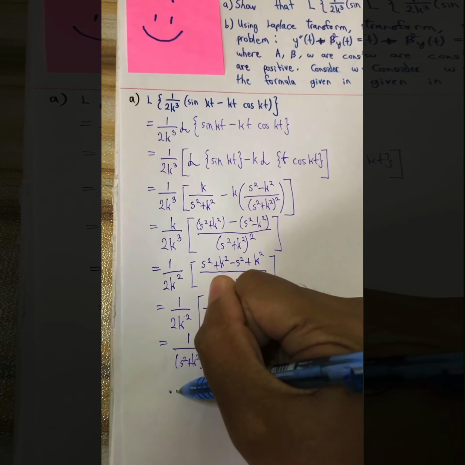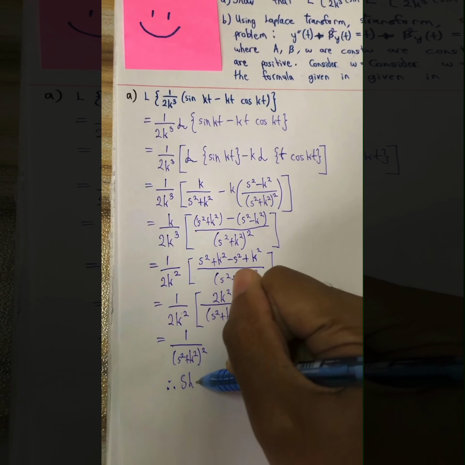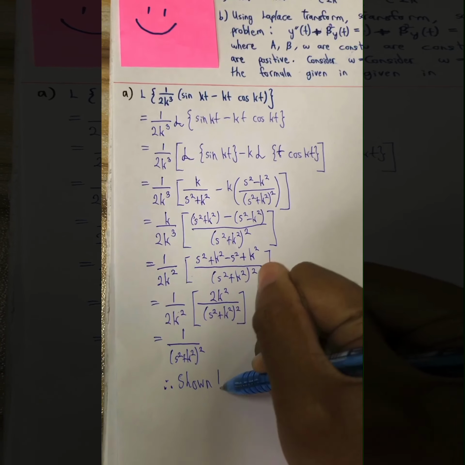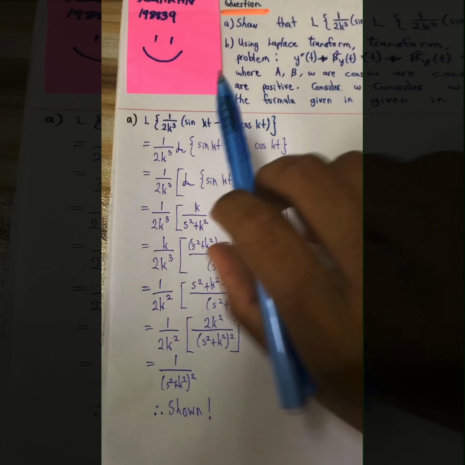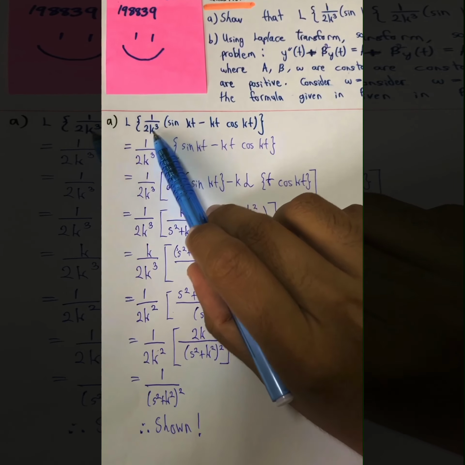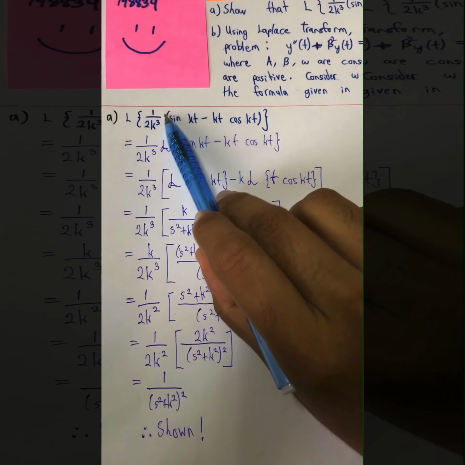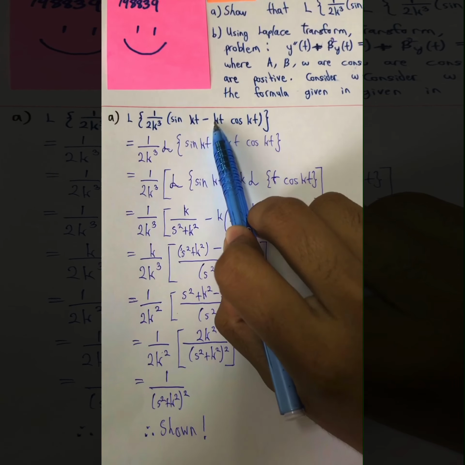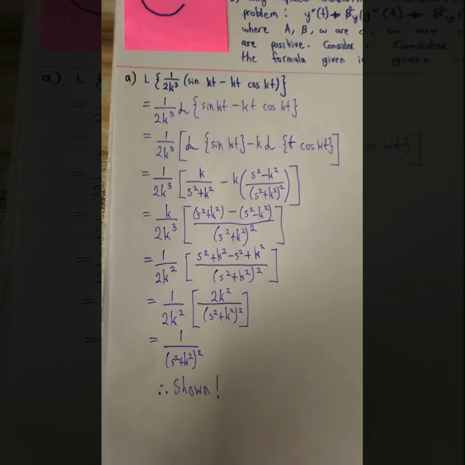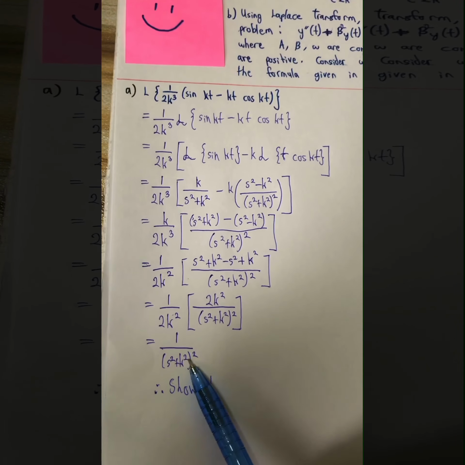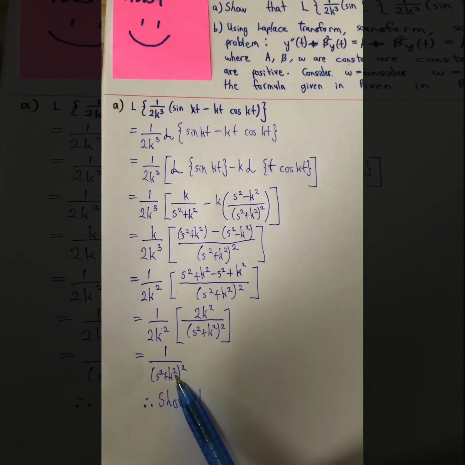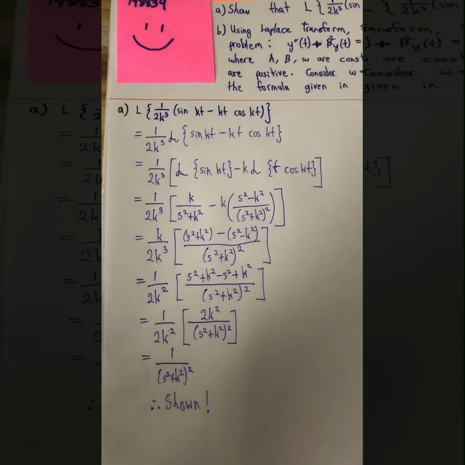So we finish part A, where we have shown that the Laplace transform of 1 over 2k cubed times (sin kt minus kt cos kt) is equal to 1 over (s square plus k square) squared. So this is the first part.